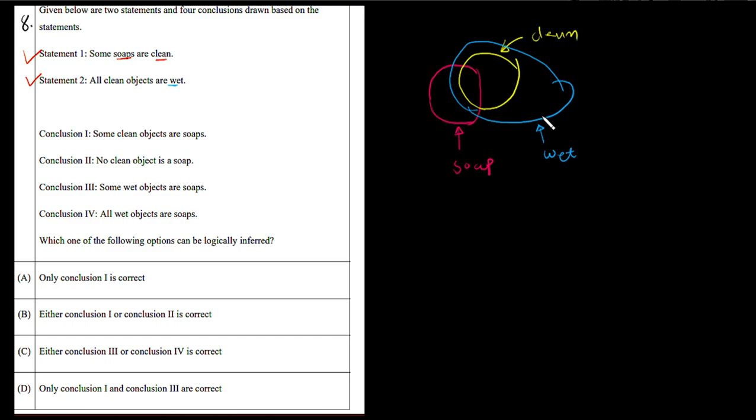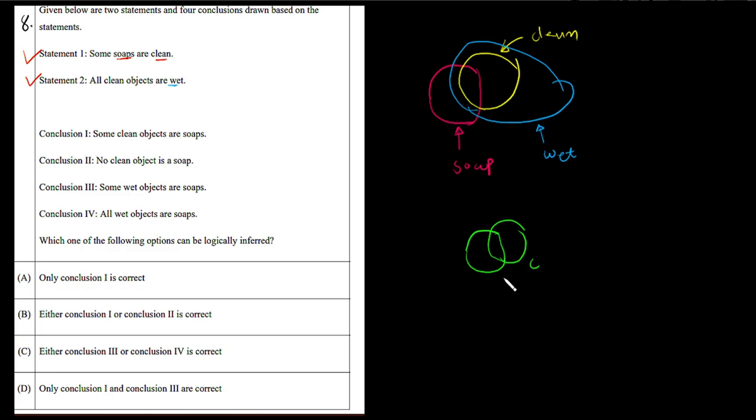So now here this wet circle can be drawn in a different way also. So I can also draw it in this way. Here this is nothing but the soap, and this is nothing but the clean.